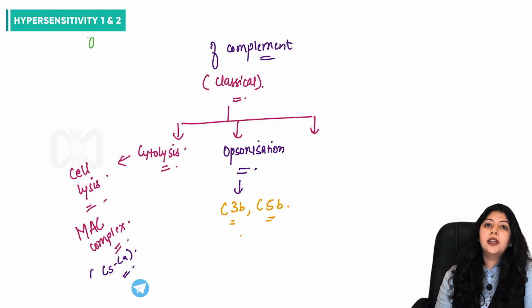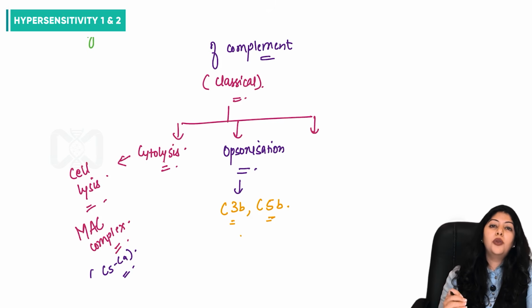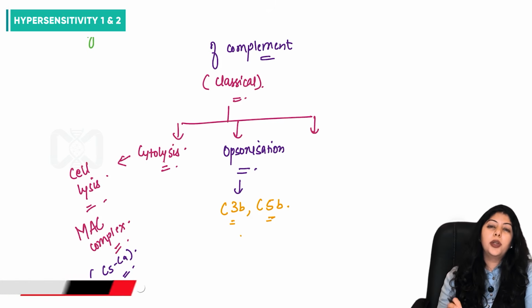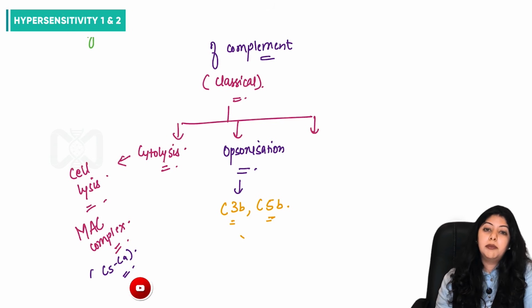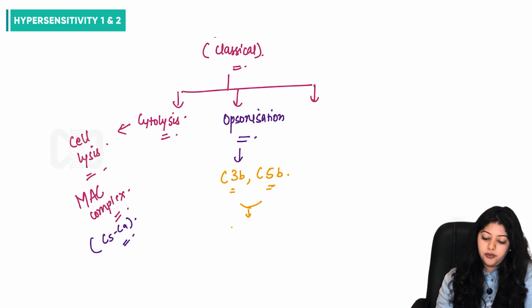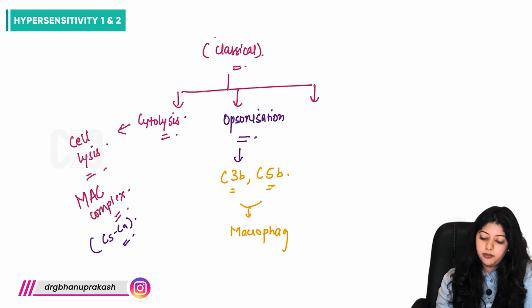So opsonins are released which are going to coat the host cell as well, and these opsonins are going to make the host cell or the antigen very tasty, and these will be further taken up by the macrophages for phagocytosis. So this is occurring in the opsonization, right?